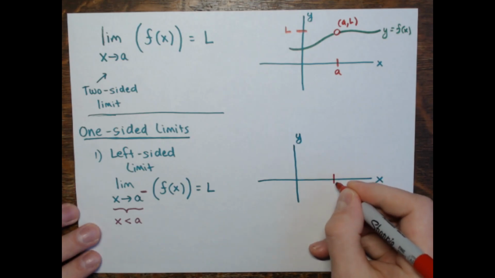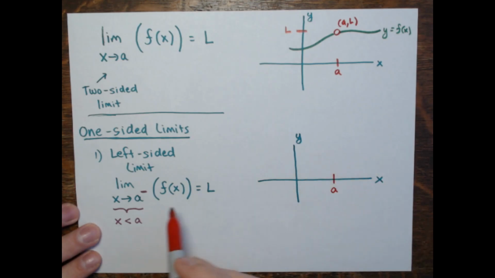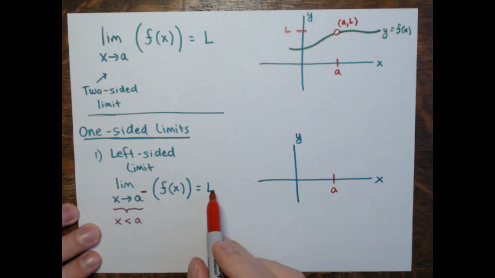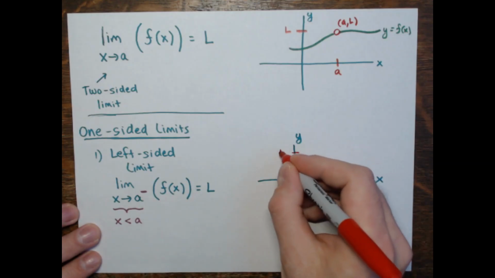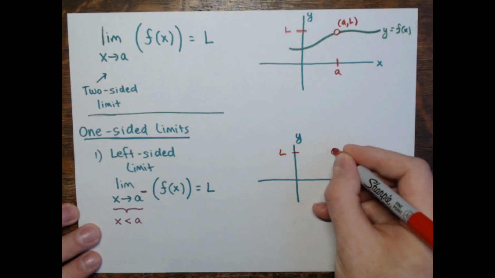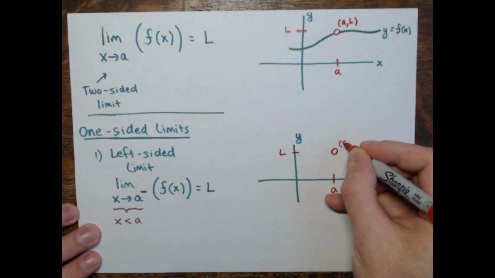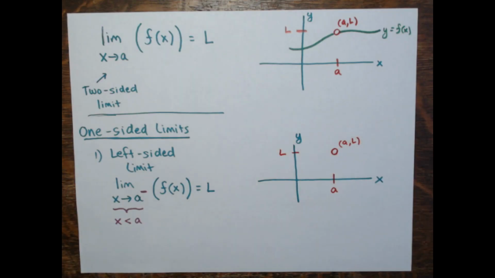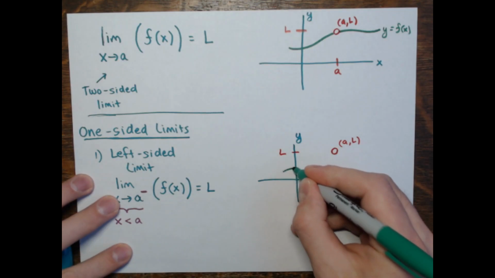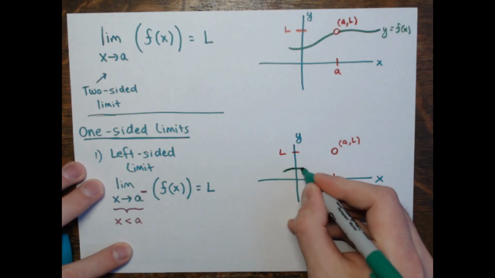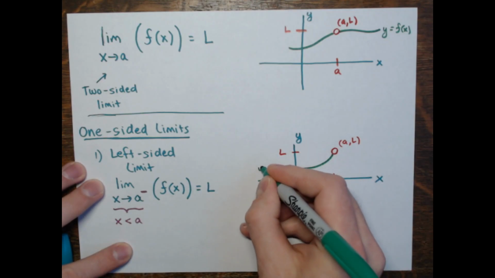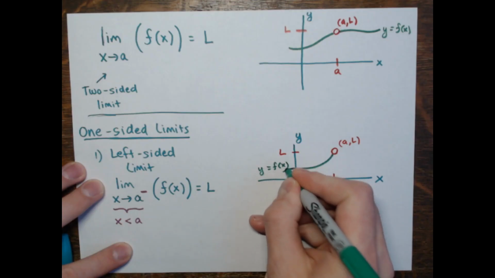You have this value called a on the x-axis that we're approaching, but from the left side only, and the output is approaching some value called L. Here's the point, an empty point, a comma L. This is only telling me that the graph of our function approaches that point on the left side.